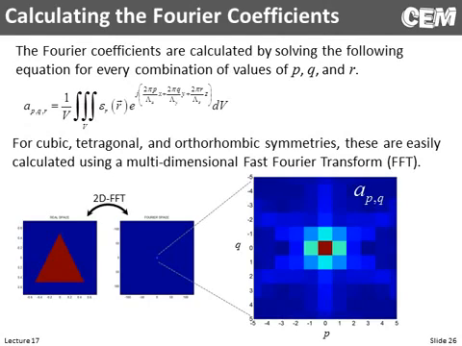To calculate the coefficients, we have this equation, which comes from the theory of complex Fourier series. Now, we could do a triple integration for every single coefficient that we want, but it turns out for cubic, tetragonal, and orthorhombic symmetries, we can calculate those coefficients with a multi-dimensional fast Fourier transform.